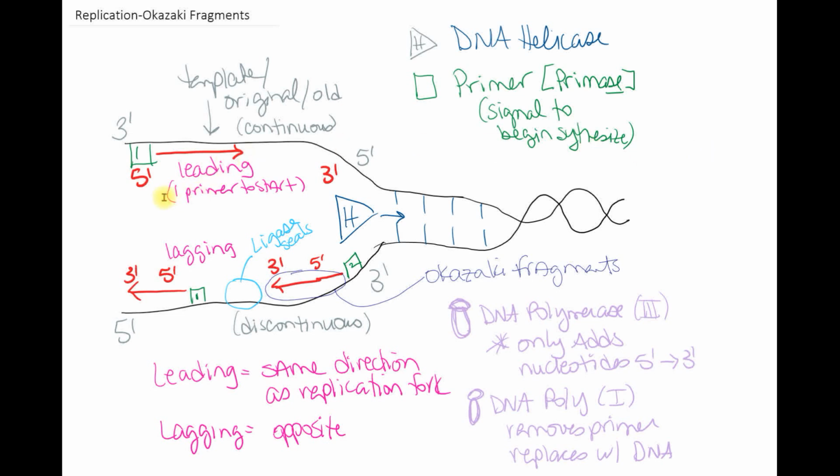When it does that, it's going to start building going from 5' to 3'. Remember, they have to be anti-parallel. It's going to start attaching nucleotides, matching up, so this may be G and C, T and A, etc.